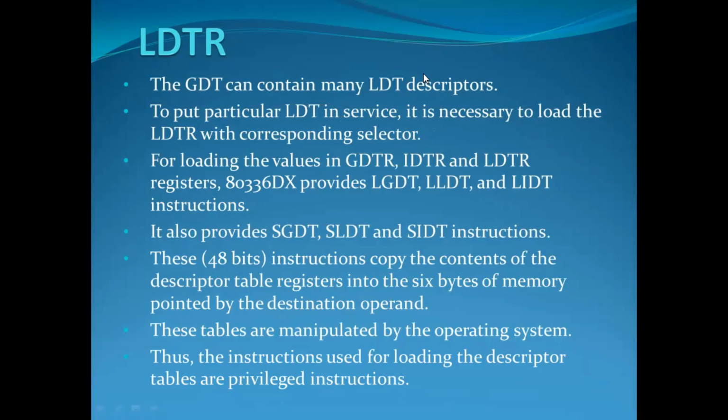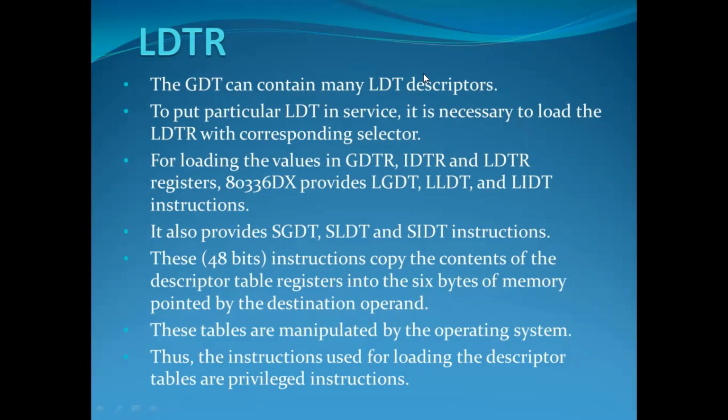For loading values in the GDTR, IDTR and LDTR registers, the 80386 provides the LGDT, LLDT and LIDT instructions. These instructions are used to load the values of the GDTR, IDTR and LDTR. It also provides the SGDT, SLDT and SIDT instructions.